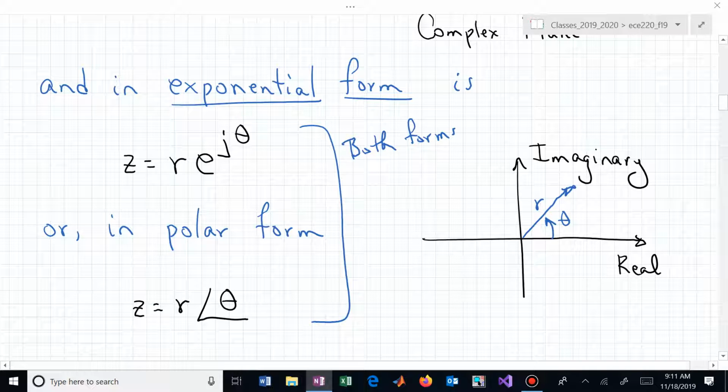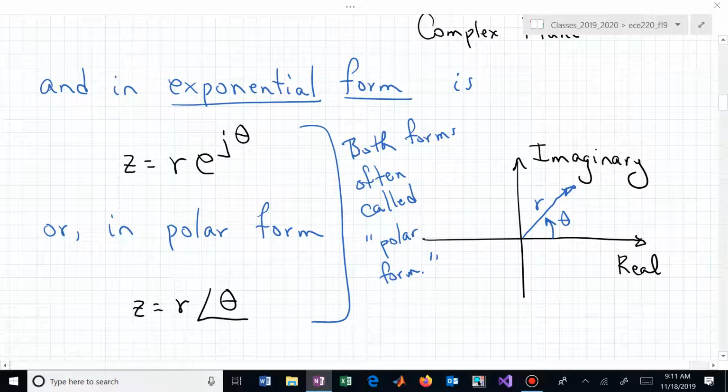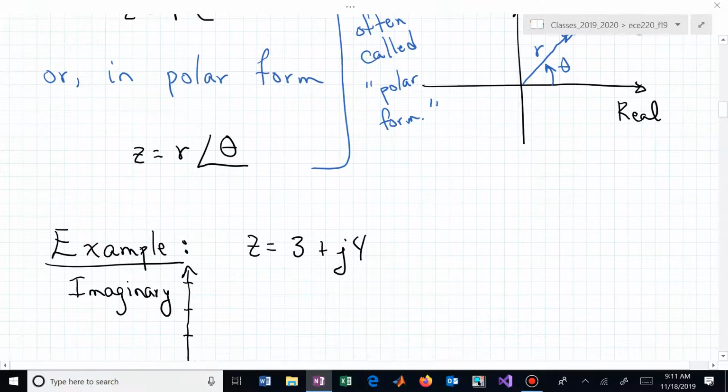Maybe we don't want to say exponential, but both forms are often called the polar form. Those are going to be interchangeable. Polar form, exponential form, and then contrast that with the rectangular form.